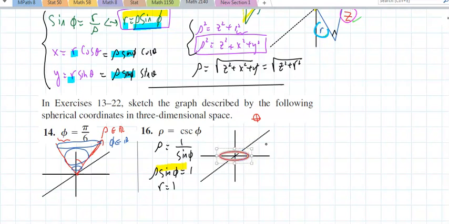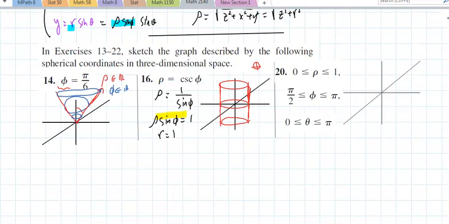But if I was converting this to cylindrical coordinates, it would look like an infinite cylinder, because rho is not there, and z could be any number it wants. Same deal here, phi takes on all the values from 0 all the way down to pi. Rho is fixed based on that, but then there is no restriction on theta.